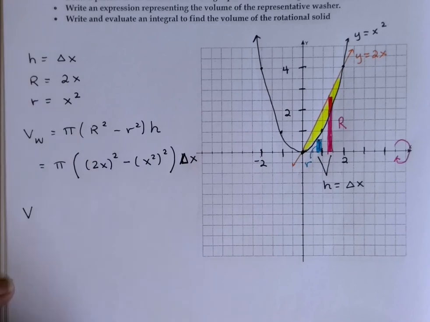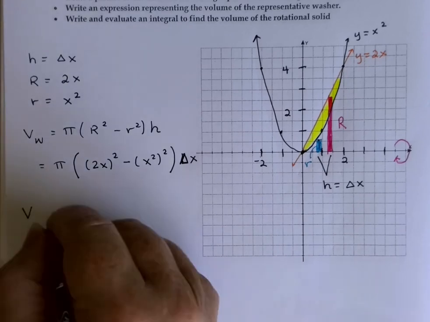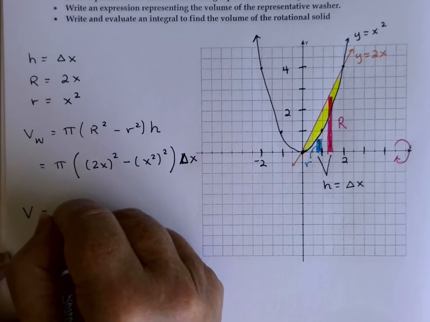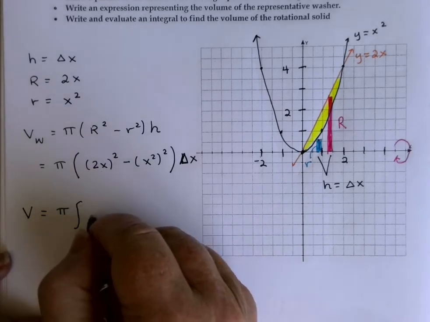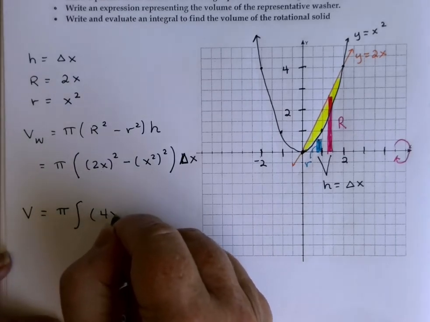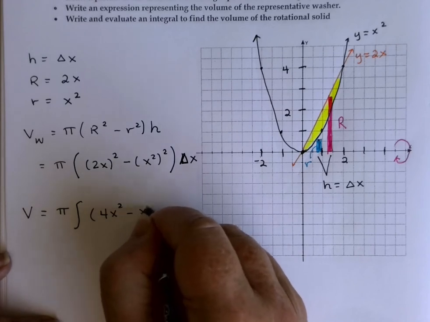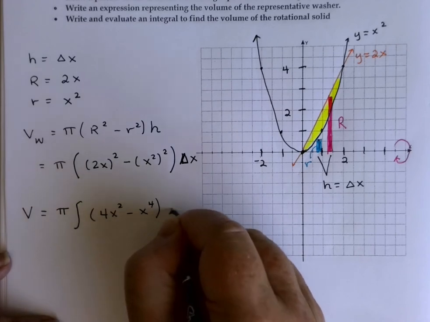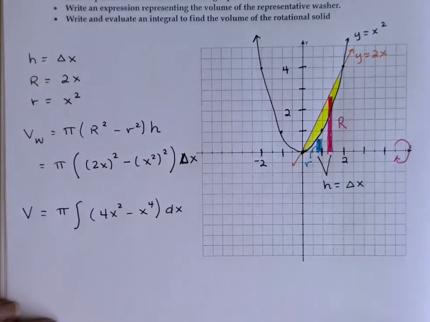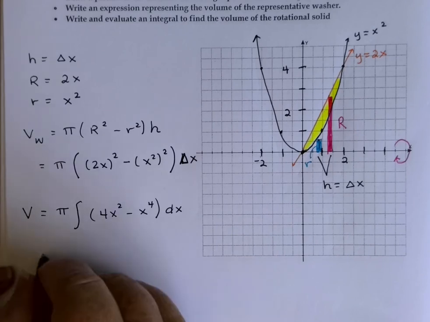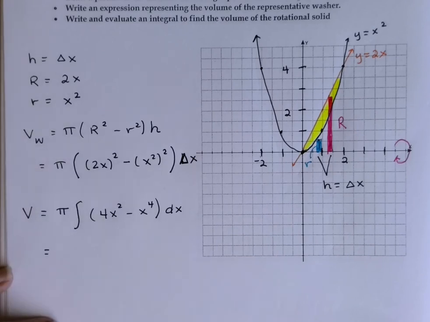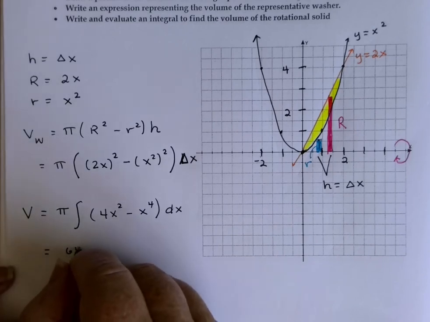To get the volume of the entire solid of revolution, I'm going to integrate, and that would actually be 4x squared minus x to the 4th dx. And when I did that, I got 64 pi over 15.